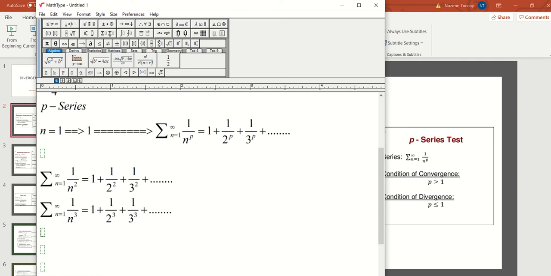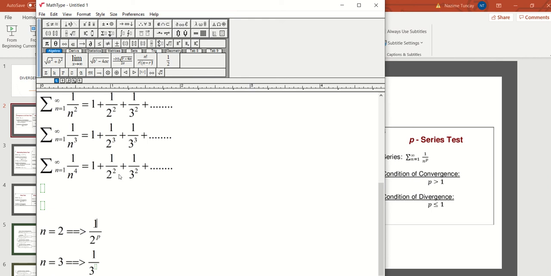Whatever it is, it's not important what we have here. These are P series. Even if it is 4, 5, 6, these all converge. The only rule is that P is bigger than 1. Which ones diverge?